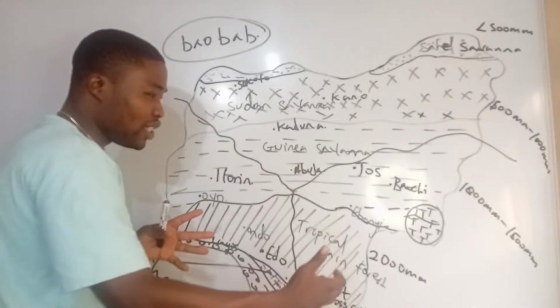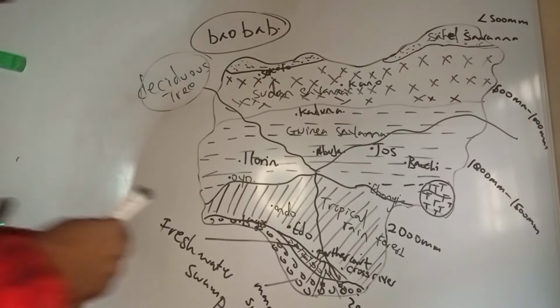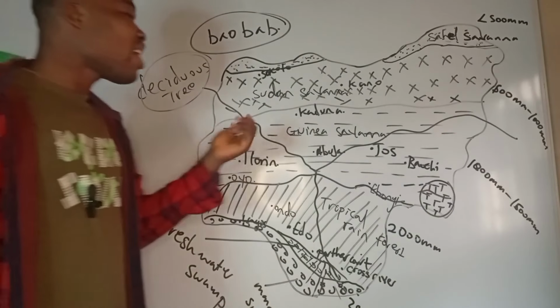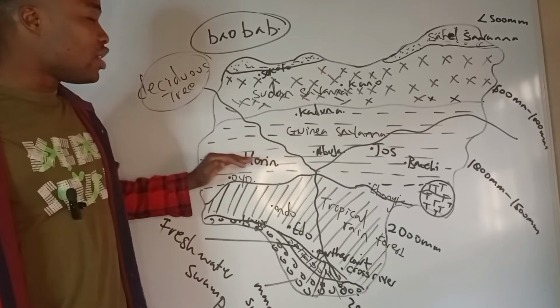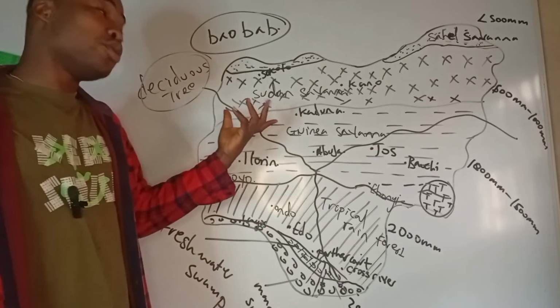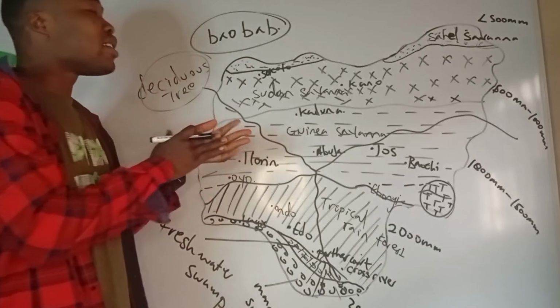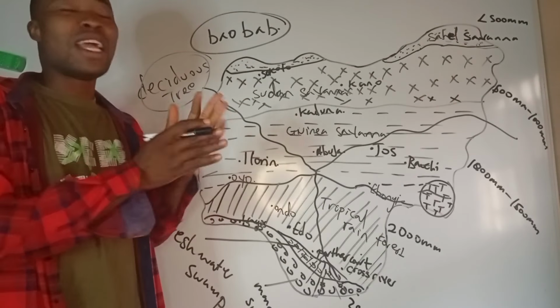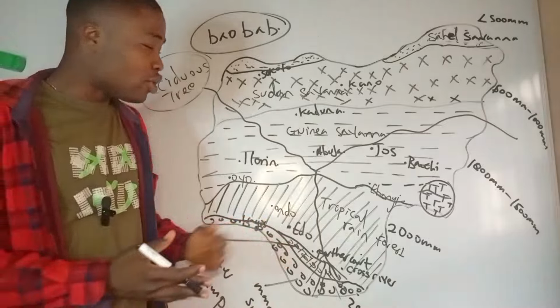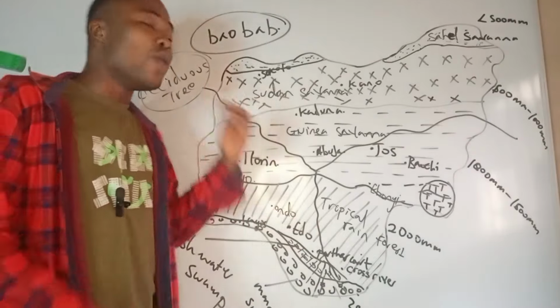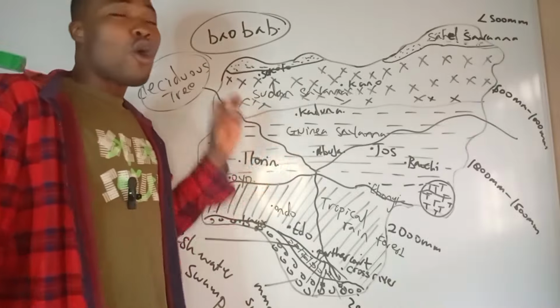The Guinea Savanna is characterized with tall trees usually to the south, to short trees and shrubs to the northern part. But in general, we will say it is characterized with shorter trees compared to the tropical rainforest, with tall grasses.